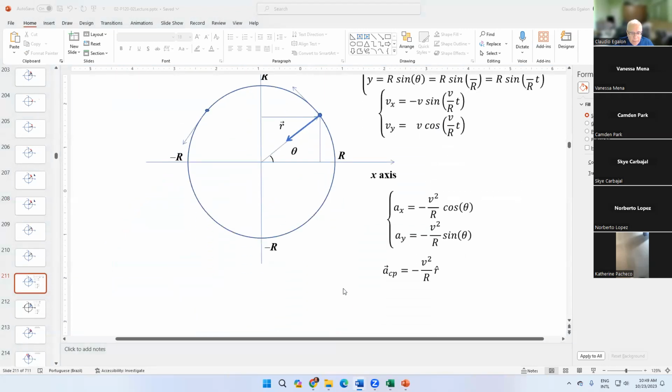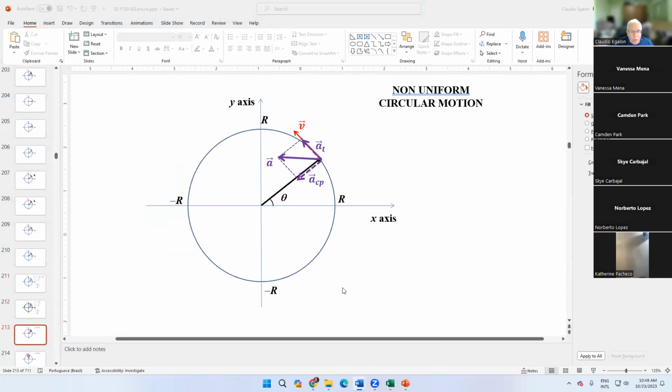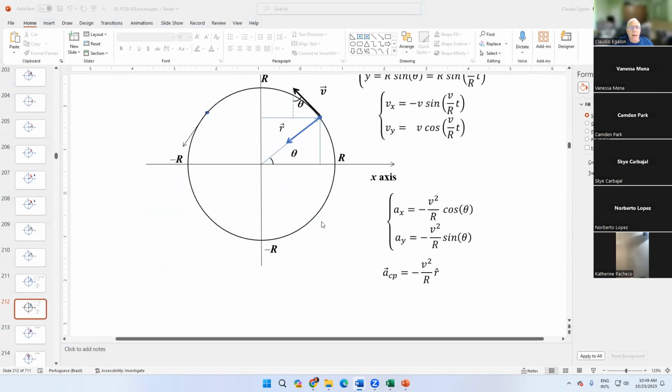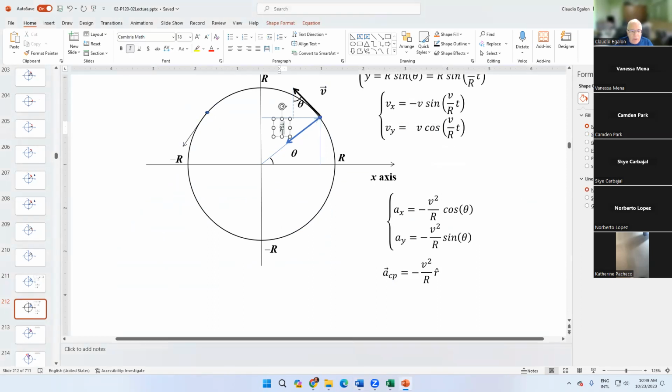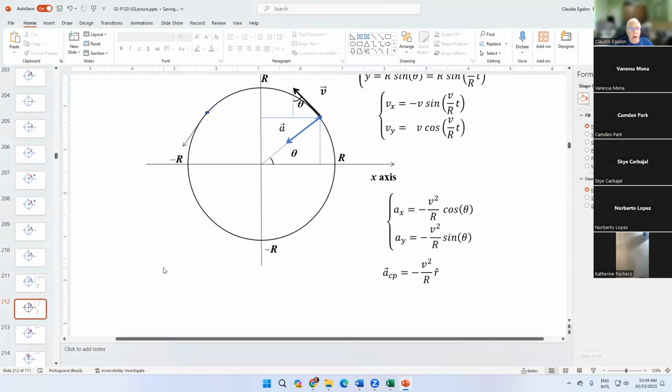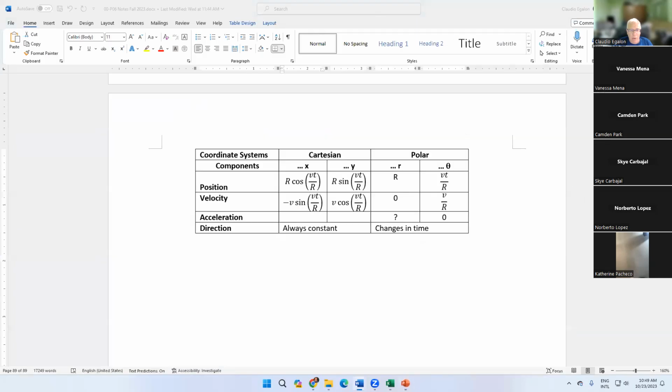Yeah, that's the acceleration vector towards the center. I'm going to put A here instead of R. I don't know why I had R in there. The x component of the acceleration is going to be the magnitude of this vector times cosine of theta, right?